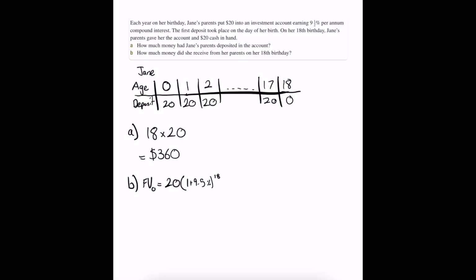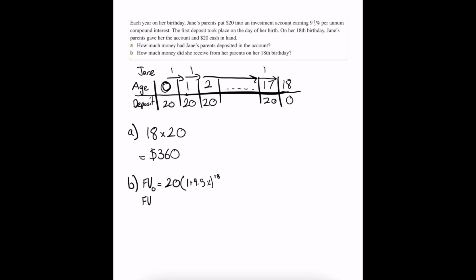You might say, well, why not 17 years? Well, the reason being is because from age 0 to age 1, this is 1 year, and then this will be another year, and so on. And so by the time you reach the 18th year, you'll accumulate 18 years worth of interest. So that's why we have 18 there.